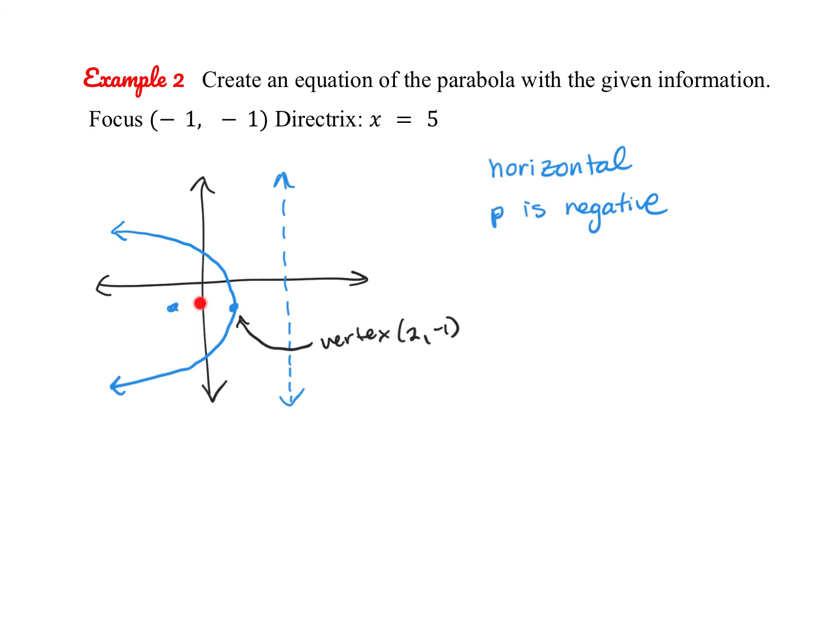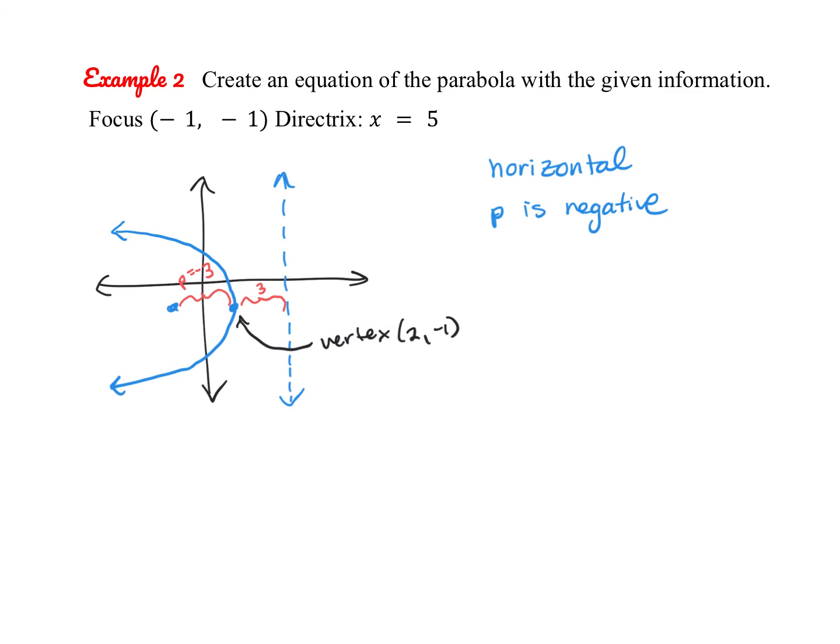Again, it should be exactly halfway in between where your directrix is and where your focus is. That also means that our p-value is this distance, so p is -3, again, because it opens to the left. This distance is 3, but our p-value is negative because it's opening to the left.